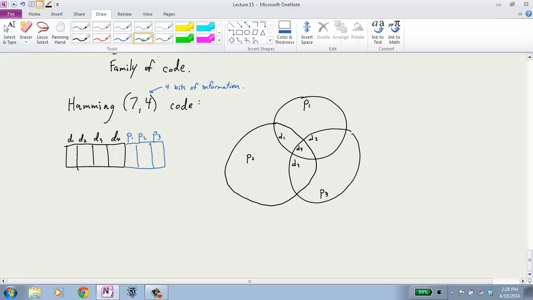Write the first 4, D1 through D4, both here and then in the picture. Yeah, whatever you want. Great, thank you. Now, someone come calculate the parities and fill those in. Okay, come on up.